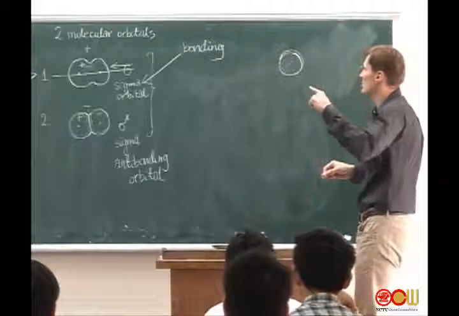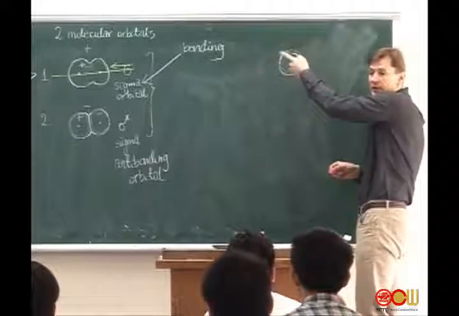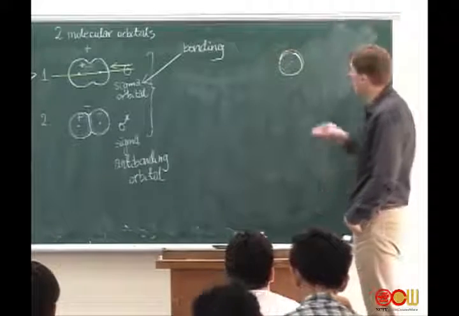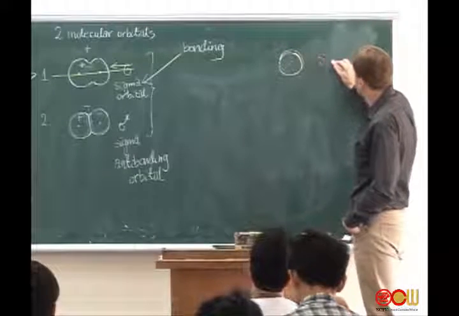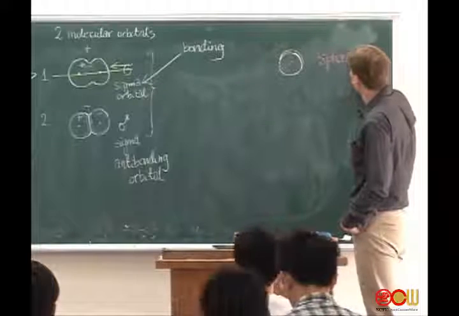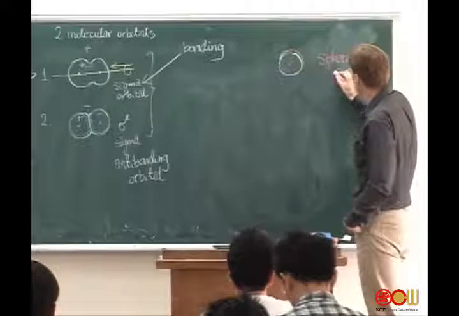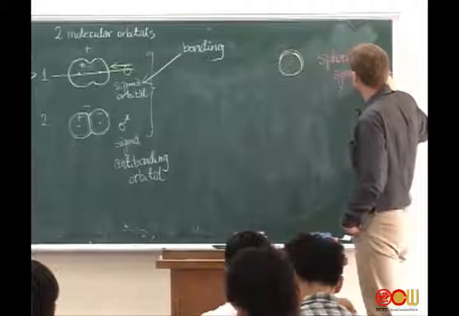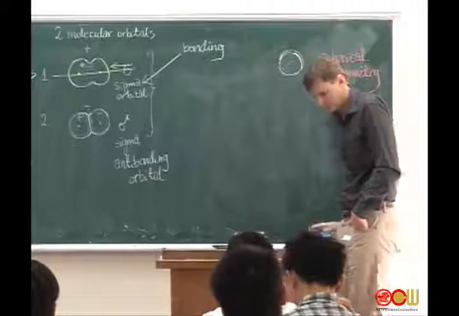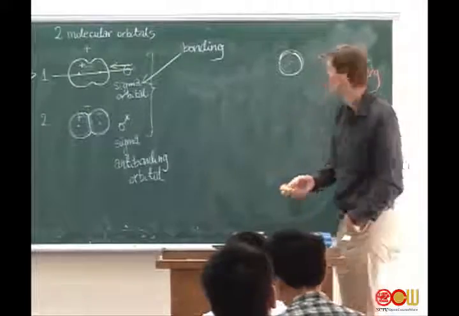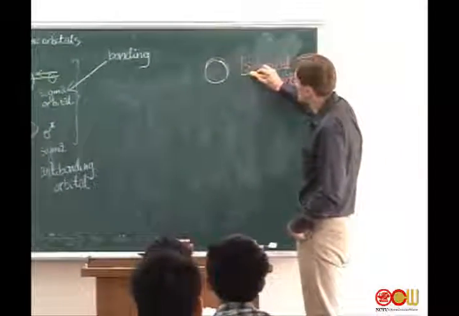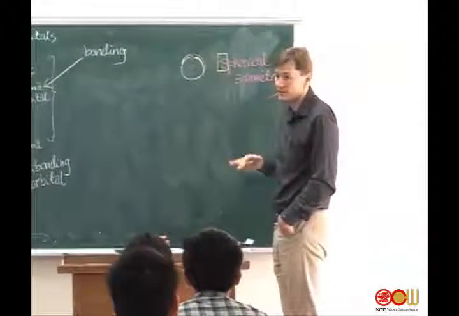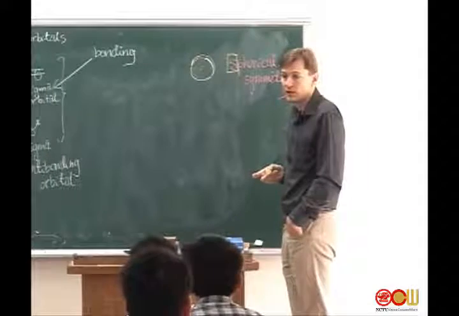So I'm looking along this line and what I see is a perfect sphere. Spherical symmetry. And the reason to call this orbital sigma or S is this letter S for spherical symmetry.